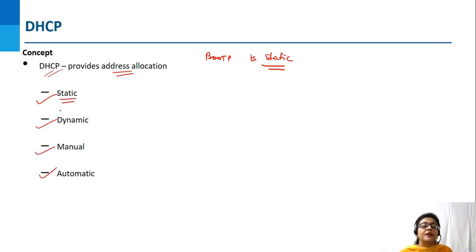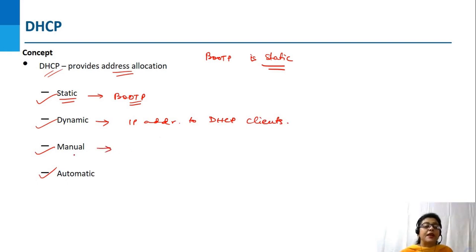If it is a static concept, then it is similar to BootP. Next, we can have dynamic configuration, where on demand basis the DHCP server will send the IP addresses to DHCP clients. Now the address mapping can be either done manually or it can also be done automatically.